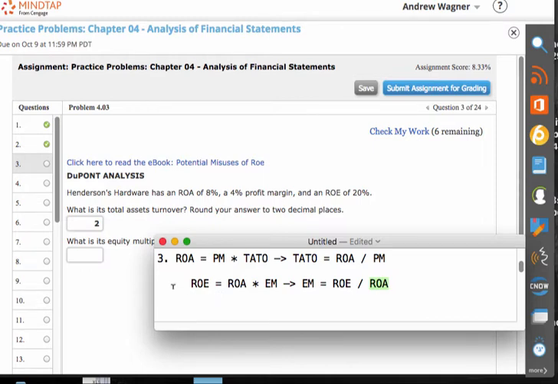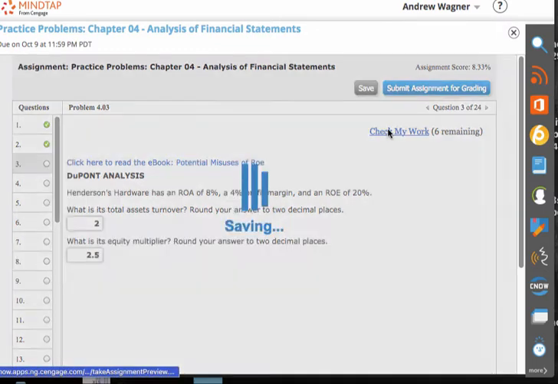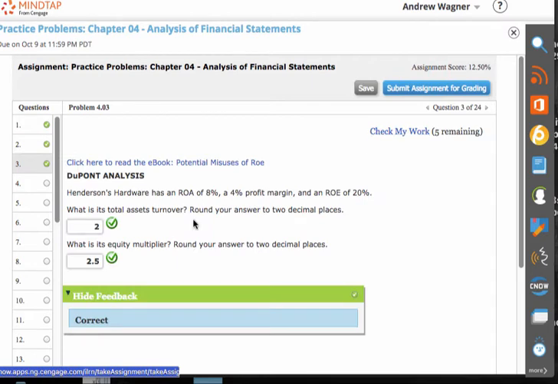So that would be simply 20% over 8%, which is 2.5. So that should be 2.5. Again, hoping it's right. Got my fingers crossed. Yes. Success.